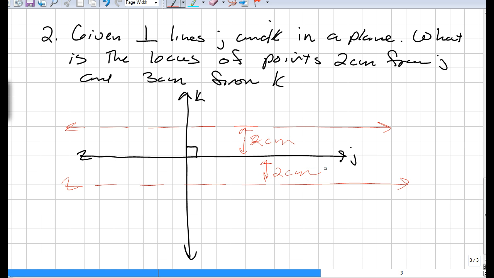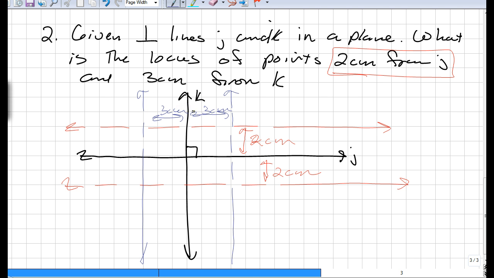Okay, so those are all the points that meet condition 1, 2 centimeters from J. Condition 2 is 3 centimeters from K. So this is 3 centimeters, and this is 3 centimeters.